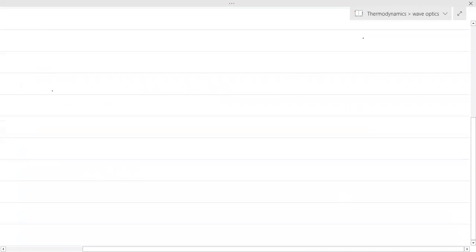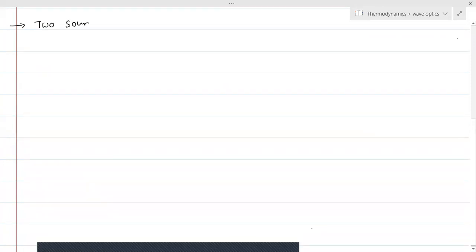Next, we are taking the required conditions for interference. The two sources must be coherent.